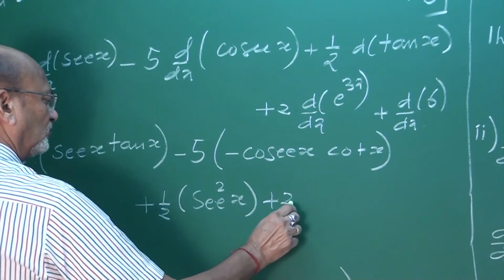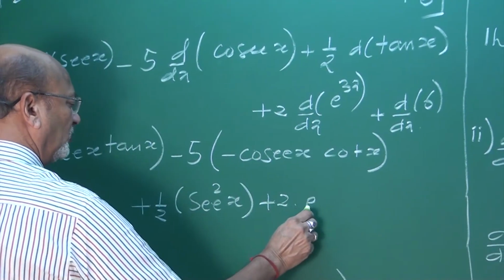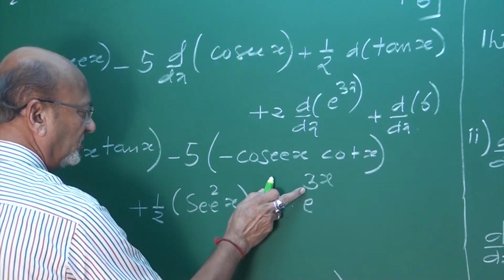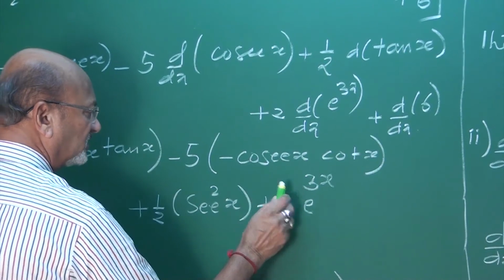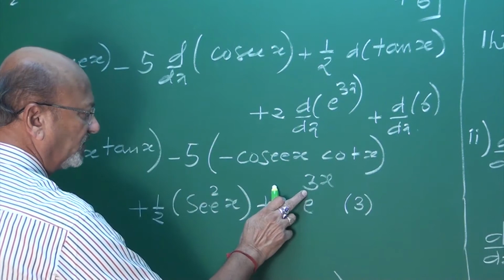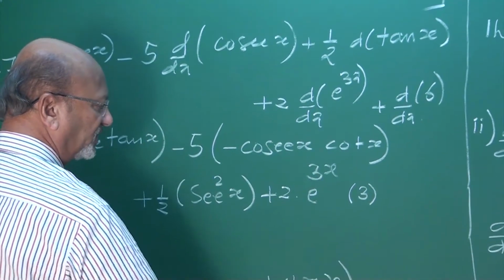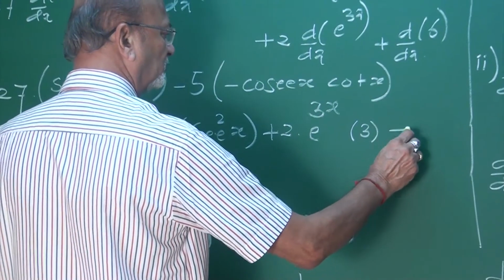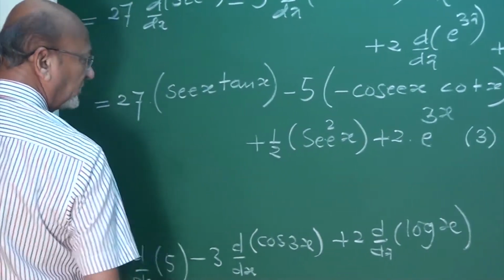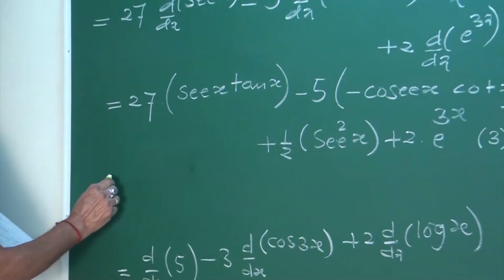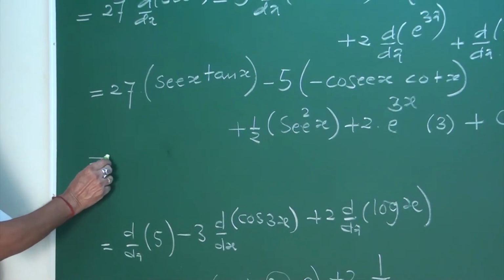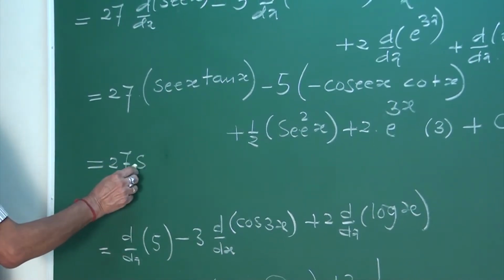Plus 2 into what is derivative of e to the power. I told, in case of exponentials, write as it is. Question: is it x or other than x? Other than x means write its coefficient, or derivative of 3x is 3 because kx is k, plus what is the derivative of 6, being a constant, 0. Equal to, if you want to simplify, yes, it is 27 sec x into tan x.